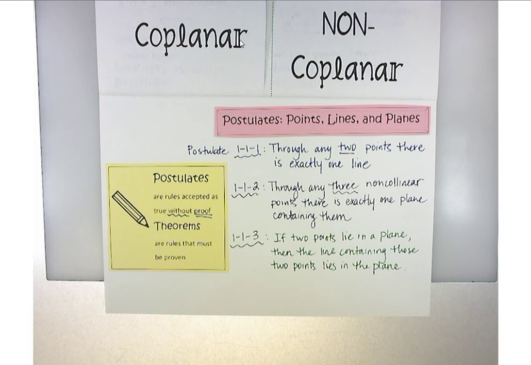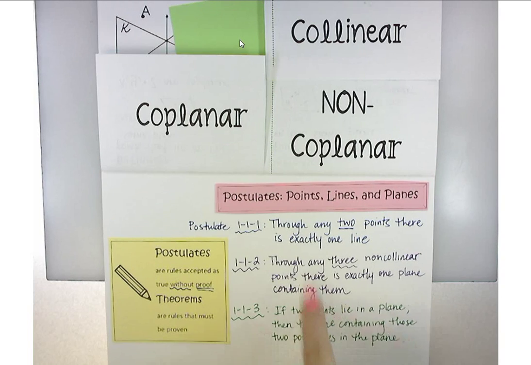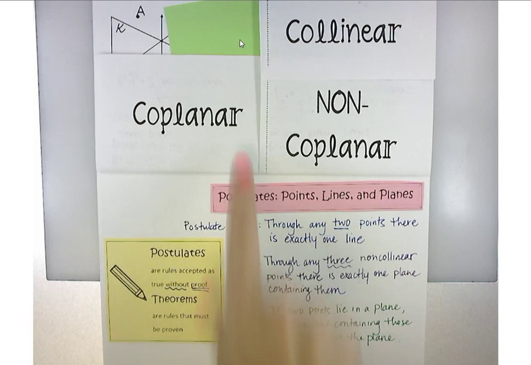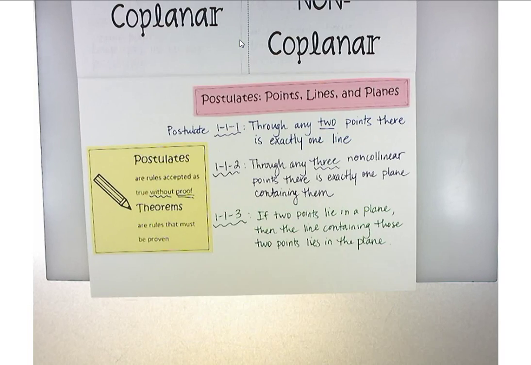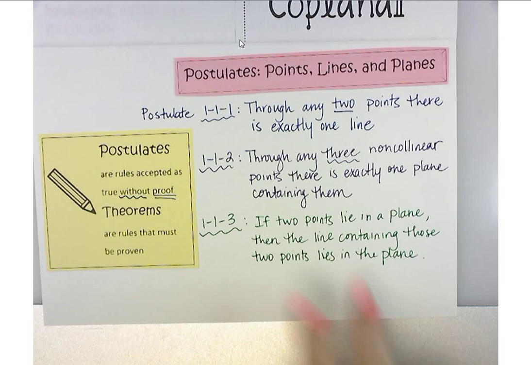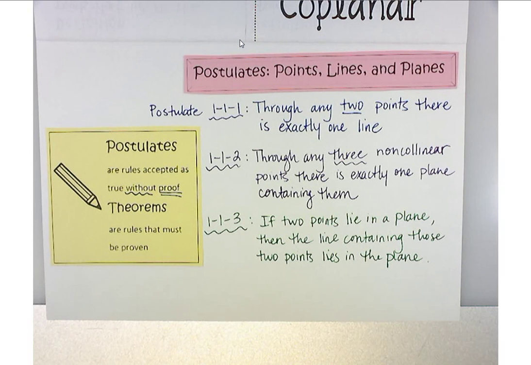Remember, some of you were able to put this full page in your notebook, but some of us, this was the front page, this was the back page. That just depends on what size your notebook is.